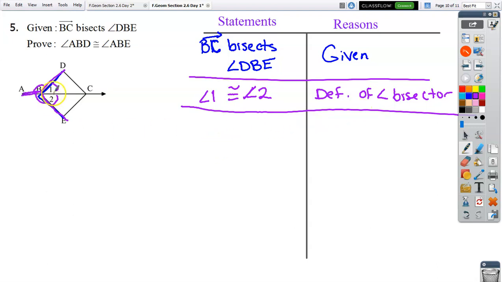Well, we know that angle 1 and angle ABD are a linear pair, because they make up that straight line. So, angle 1 and angle ABD are a linear pair.